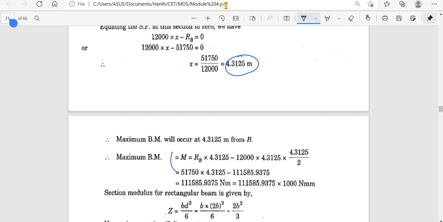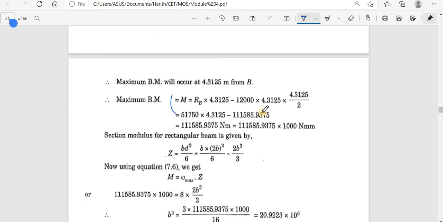The maximum bending moment is equal to RB into 4.3125 minus the same term. So I get the bending moment, a larger value, 111,585.93 into 1000 Newton mm.